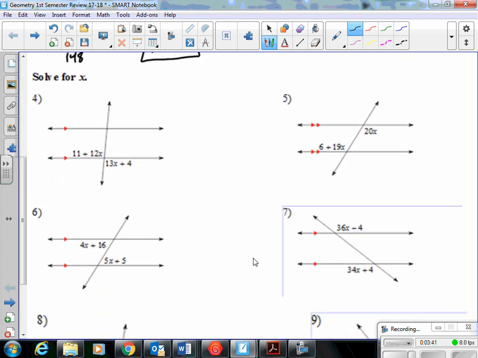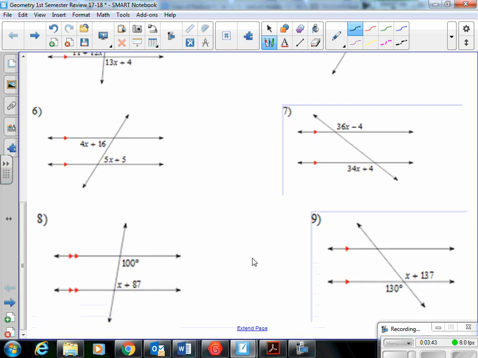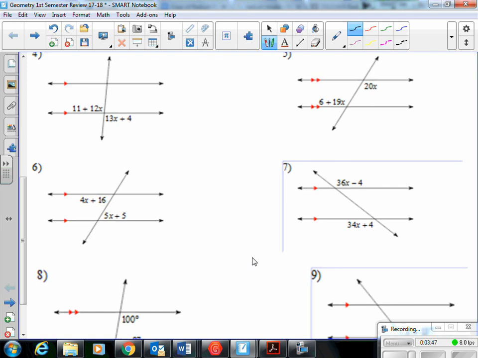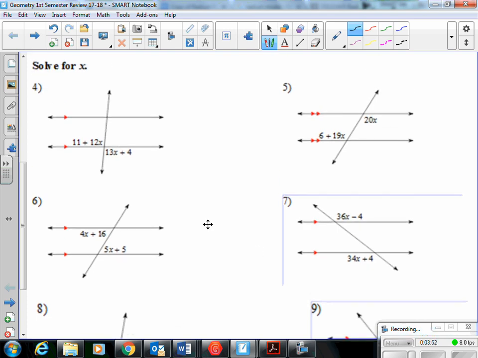Alright, numbers 4 through 9 are all about parallel lines and the angle relationships that we have with parallel lines or with just intersecting lines. Like number 4, we got two parallel lines.